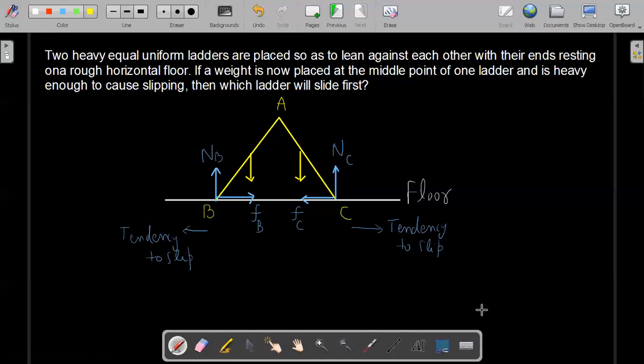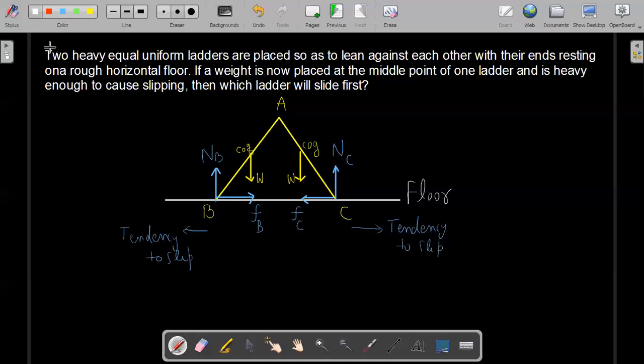Let them be W and W because they are identical. So W is the weight of each ladder, acting at its center of gravity, which will be the midpoint of the ladder. Since the ladders are uniform, the center of gravity of each ladder will be at its midpoint.